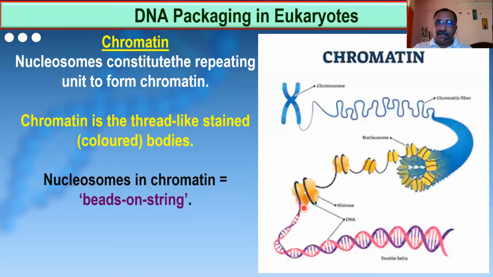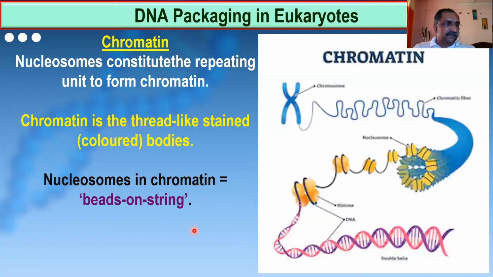In the same manner, these nucleosomes are arranged end to end, and then you get a structure which we call chromatin. So nucleosomes are the bead-like structures seen on a chromosome or in a chromatin. So this point is clear to you.